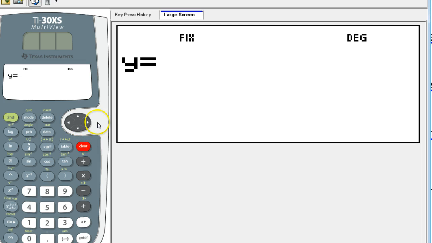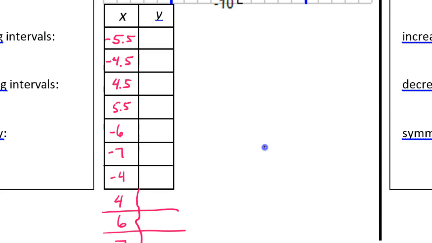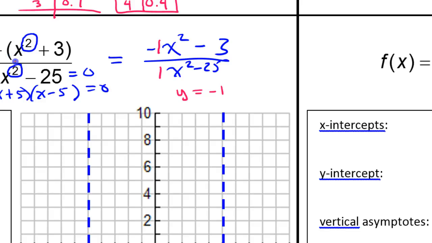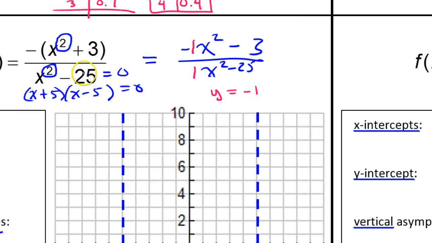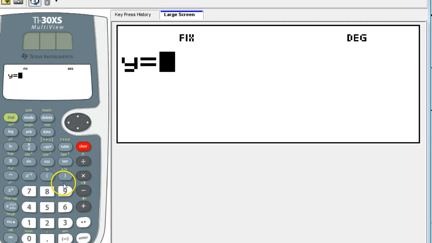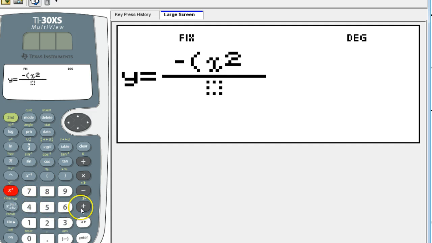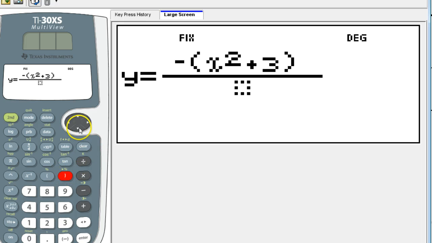So I'm going to go to the table feature of my TI-30 XS multi-view, and I'm going to type in this equation. So this whole -x² + 3 situation over x² - 25.